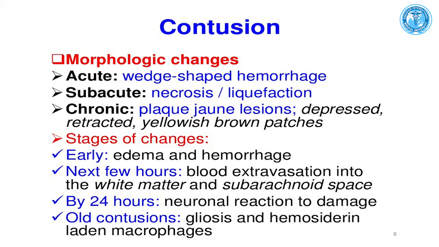Stages of change: early edema and hemorrhage. In the next few hours, blood extravasation into the white matter and subarachnoid space. By 24 hours, neuronal reaction to damage. In old contusions, gliosis and hemosiderin-laden macrophages.